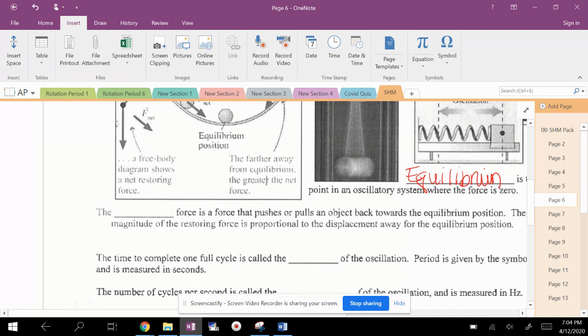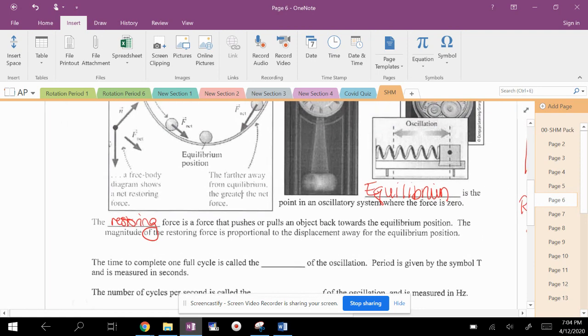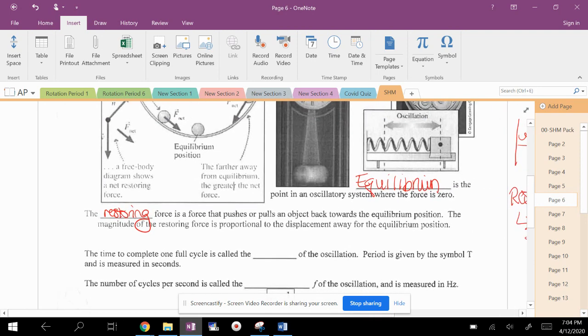So your second blank, restoring force, is a force that pushes or pulls an object back towards the equilibrium position. It's proportional to the displacement away from equilibrium position. So that force is equal to negative k times x. K is still your spring constant.